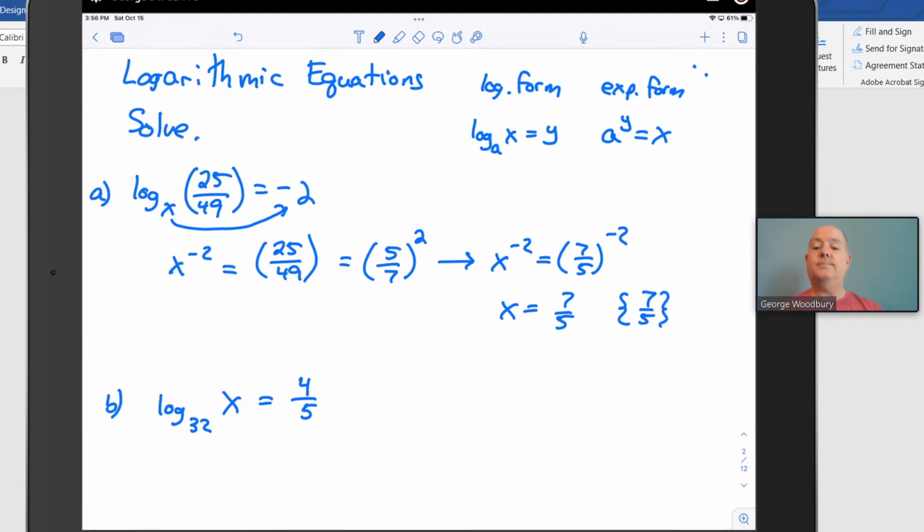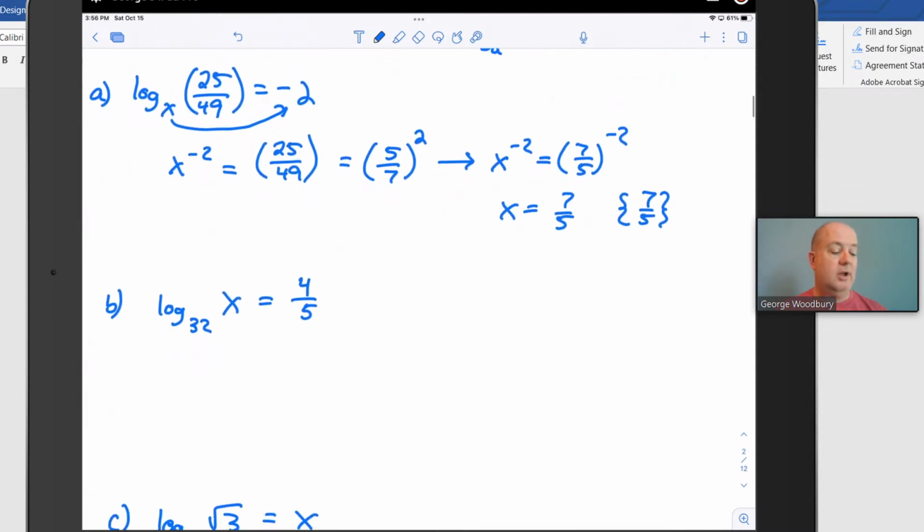For the second one, we'll start again by converting it to exponential form. So I've got log base 32 of x equals 4/5. That becomes 32 raised to the 4/5 power equals x. I've already got x isolated. All I need to do here is figure out what 32 to the 4/5 power is. Remember, the numerator for a rational exponent, that is the power, and the denominator in the rational exponent is the root we're taking.